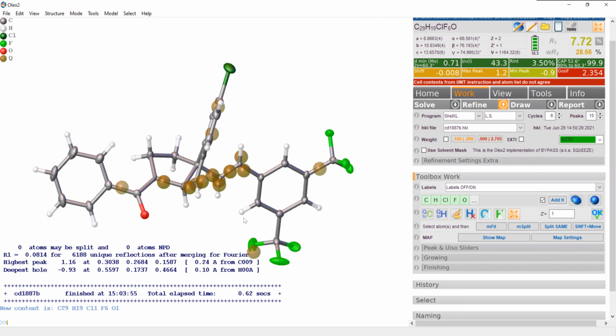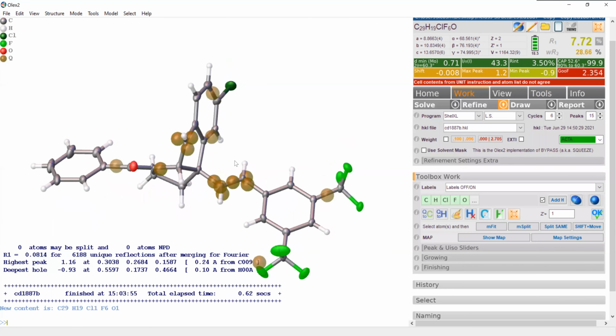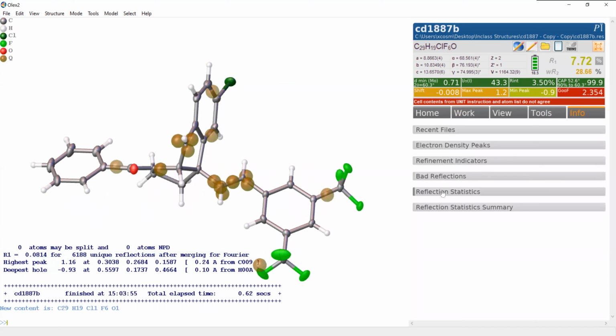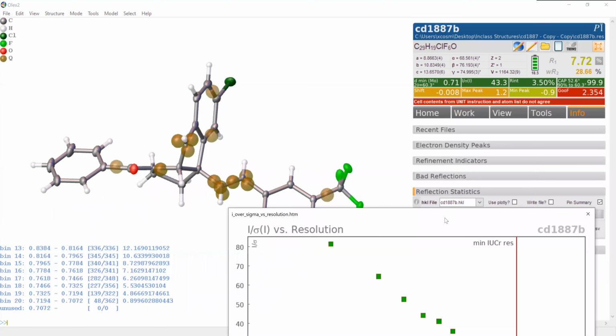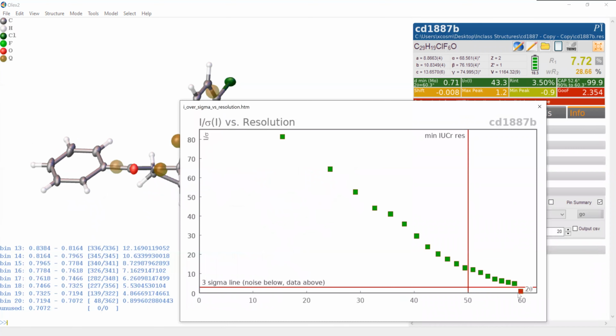Update our chemical formula. Now, if we go and look at the quality of the data, again, info, reflection statistics, I like the I sigma versus resolution. So here again, you'll notice that only the very, very high angle data was very weak.